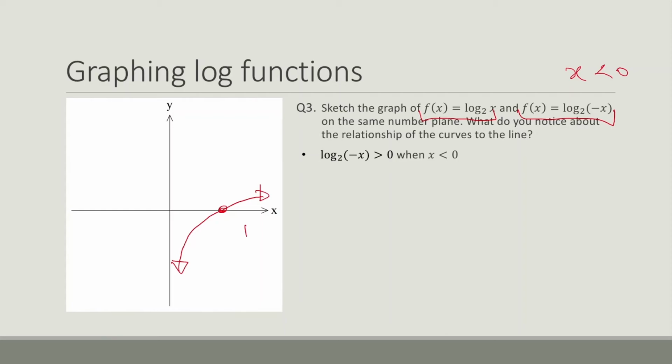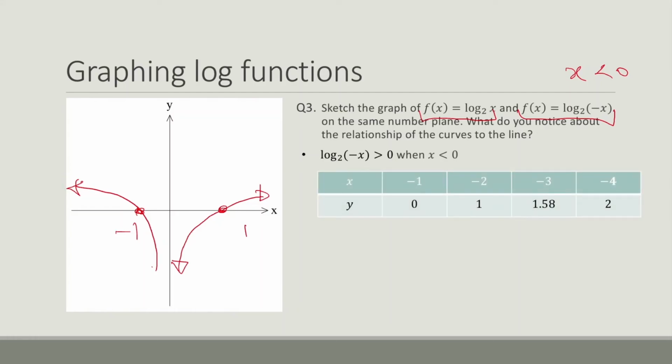If it's negative, the two negatives cancel each other out. So since x can only be negative, it's going to look like that. And if you want to make a table, they are symmetrical over the y-axis.